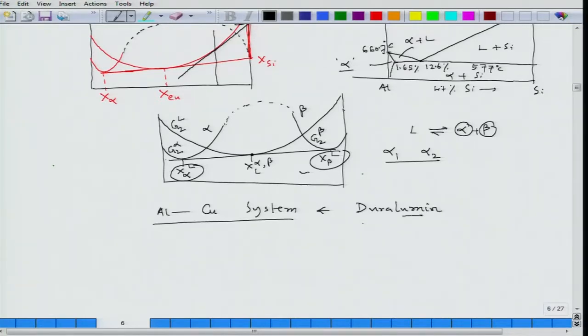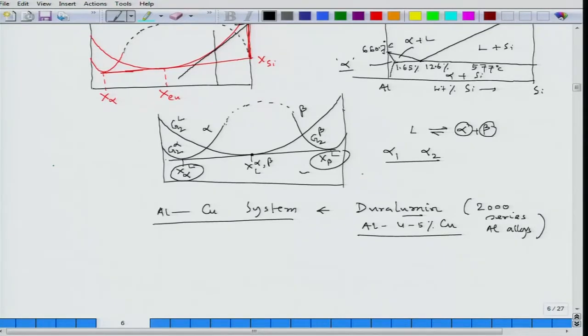Generally, this is an alloy of aluminium with 4 to 5% copper, in weight percent, and we call it a 2000 series aluminium alloy.